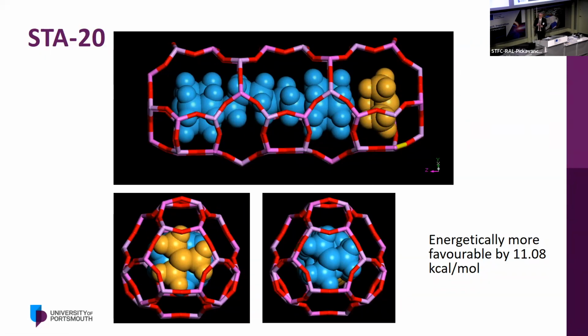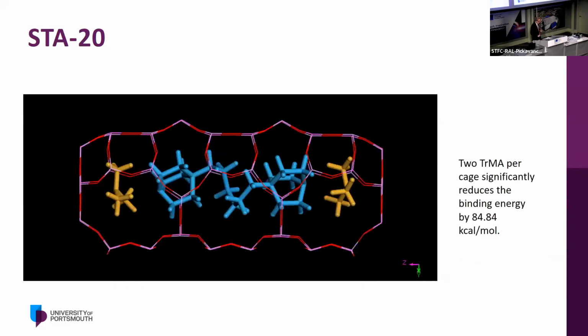But if we put the two templates into the cage, the energy improves quite significantly, by 11 kilocalories per mole. You may think, and I would certainly look at that and think, well, there's symmetry here. Surely there must be another one at the other end of the cage. But when you do the modeling and you put that in, suddenly you've got too much in there.